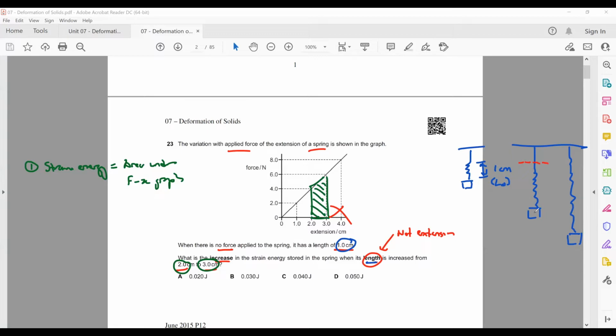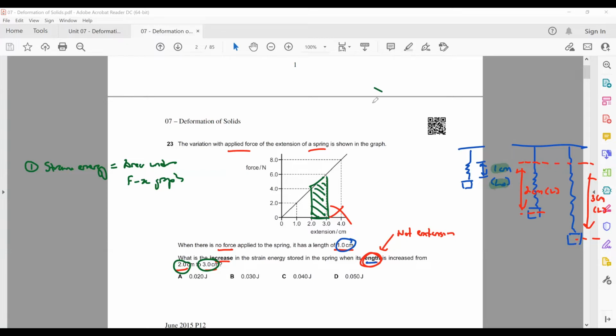This one is 2 centimeter for the length, and then this one is 3 centimeter for the length. Okay, so this length here refers to the length of the spring itself. It doesn't refer to the extension. So you actually have to find out the extension separately, knowing that your original length is 1 centimeter.